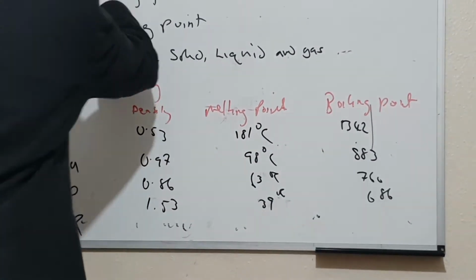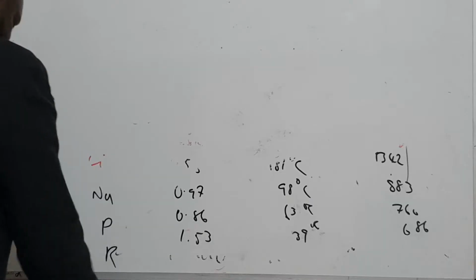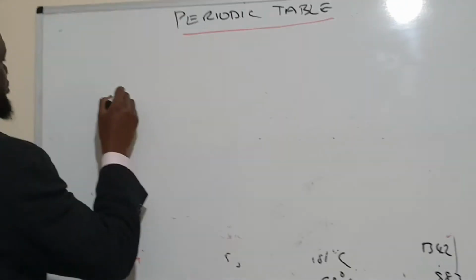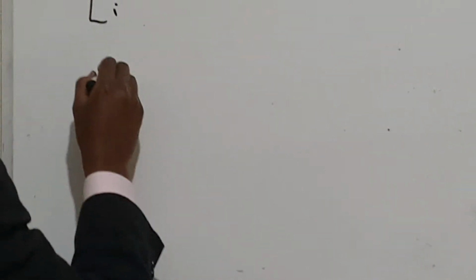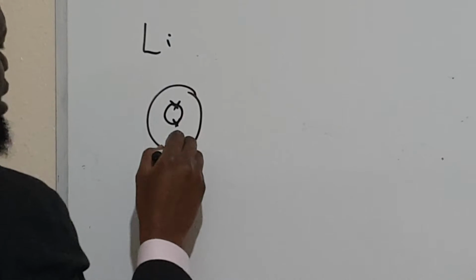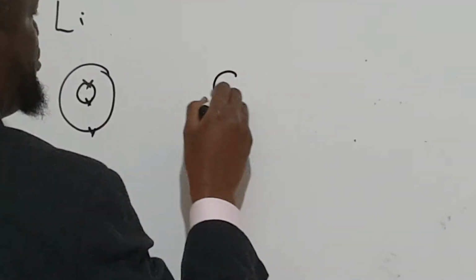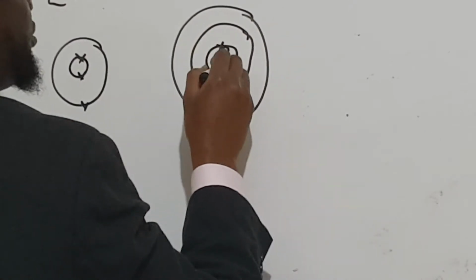Now, let's look at them. Look at lithium: 2, 1. Sodium: 2, 8, 1.